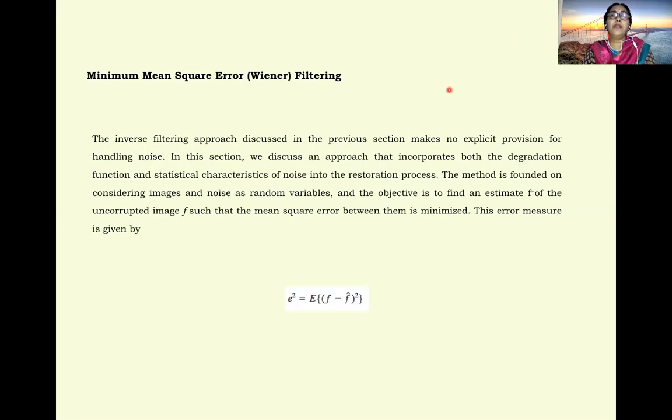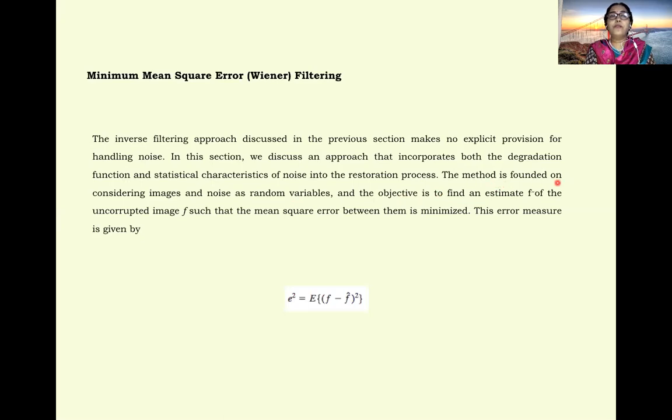Now, minimum mean square error filter or Wiener filtering. The inverse filtering approach discussed in the previous section makes no explicit provision for handling noise. In this section, we discuss an approach that incorporates both the degradation function and the statistical characteristics of noise into the restoration process.